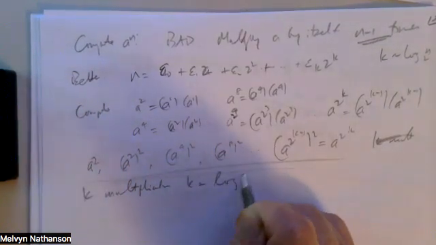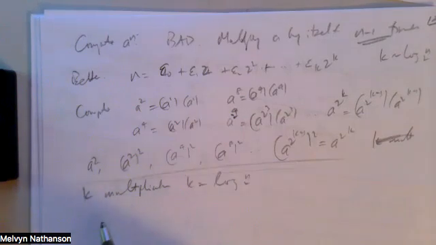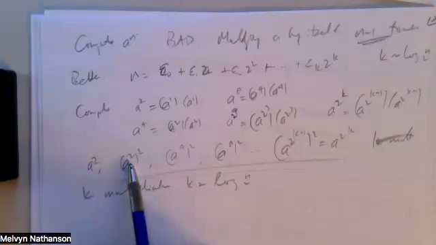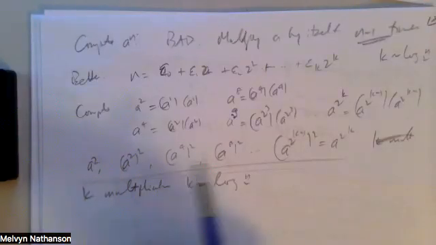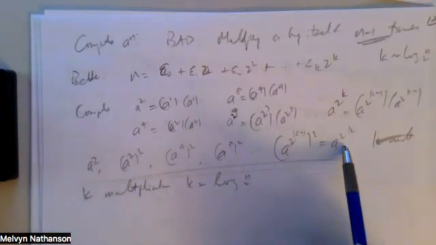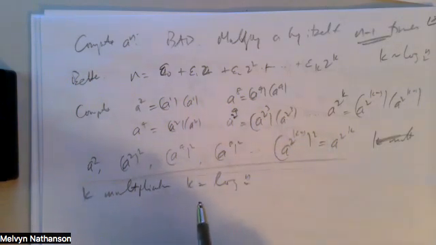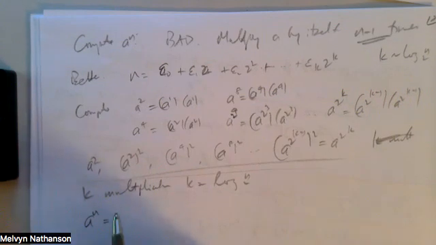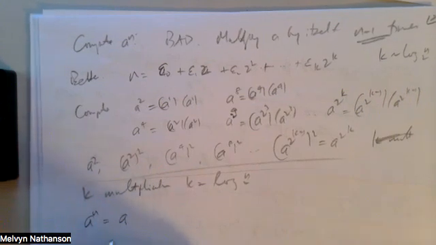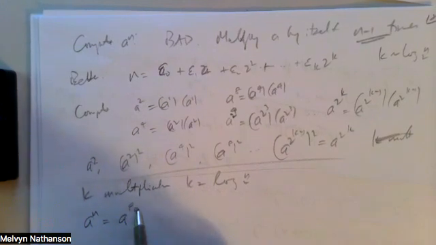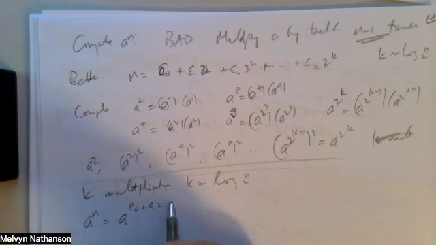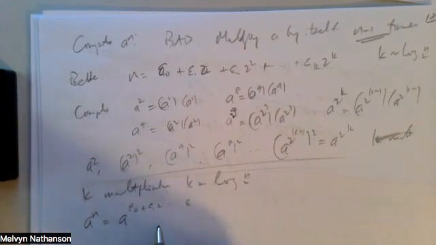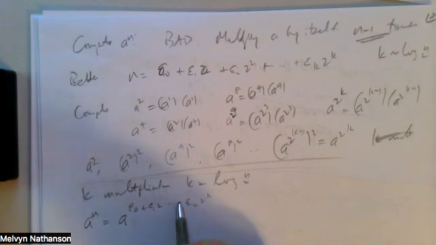Where k is the log of n to the base 2. So you do k multiplications, you get these numbers. And then what is a to the n? a to the n is a to the epsilon 0 plus epsilon 1 times 2, up to epsilon k 2 to the k.